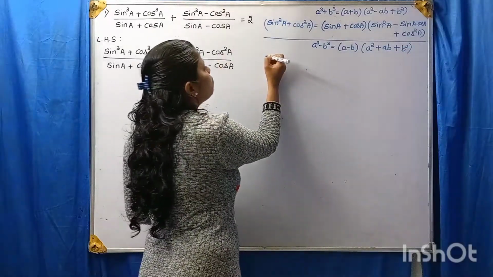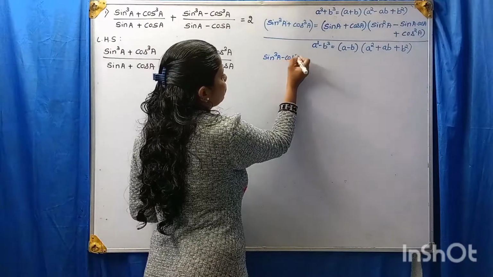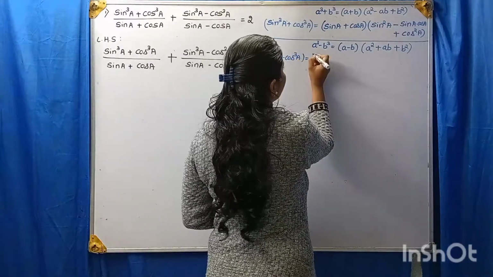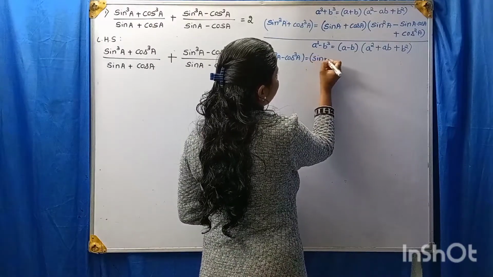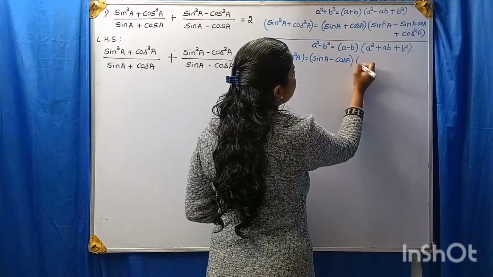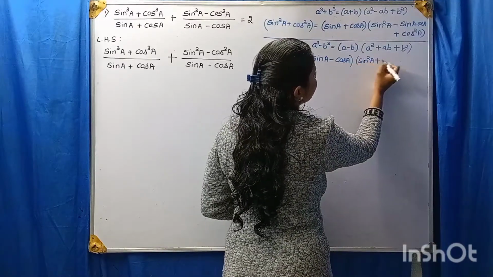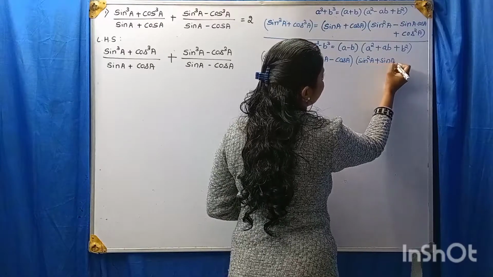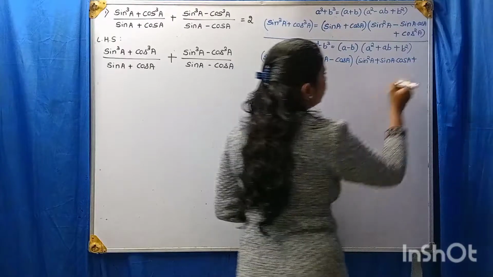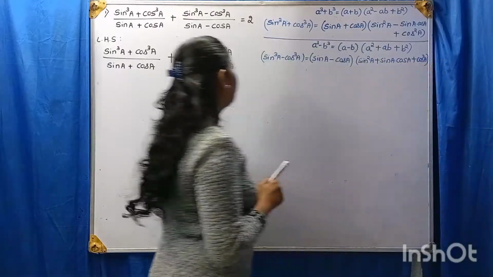Now sin cube A minus cos cube A, how can we write? It is equal to (sin A minus cos A) into (sin square A plus sin A into cos A plus cos square A). Okay.